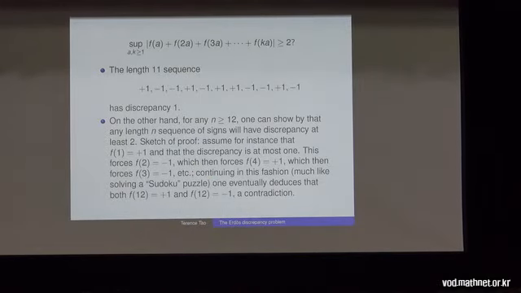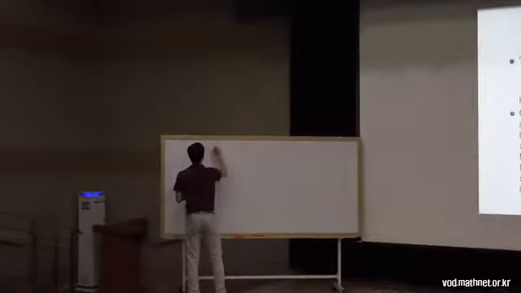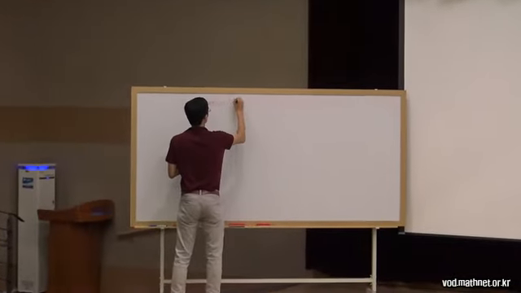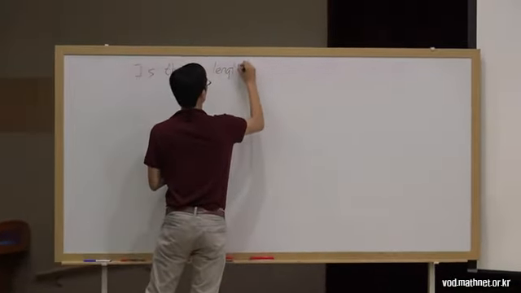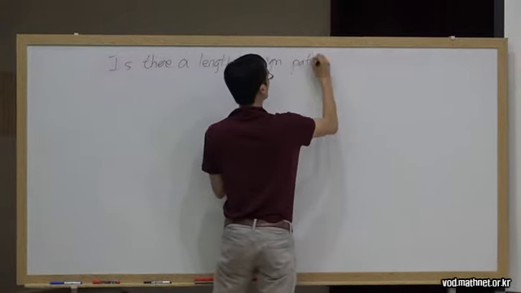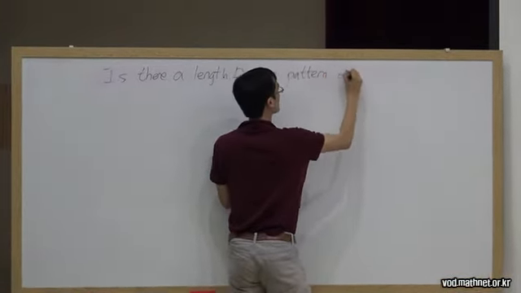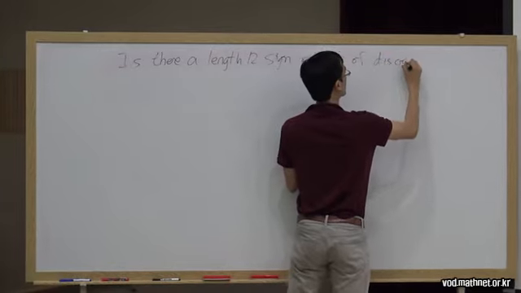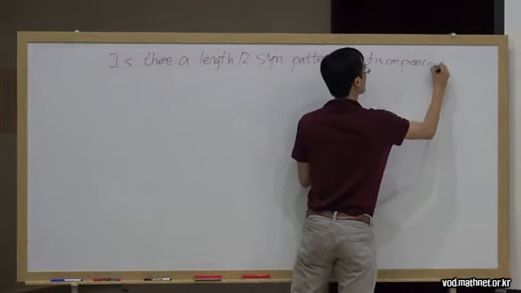It's actually a lot like solving a Sudoku puzzle. So, is there a length 12 sign pattern with discrepancy 1?